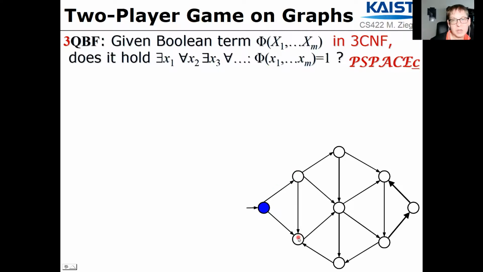Let's suppose, for the sake of an example, that the red player puts a pebble here. Now it's the blue player's turn again to put a pebble on a successor node of this red pebble. In this example, there's only one possible successor, namely this vertex.